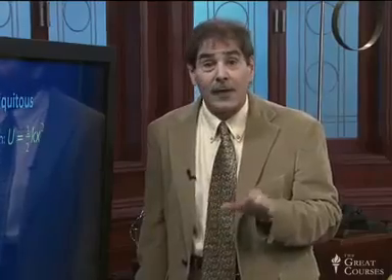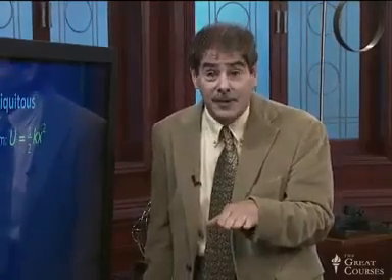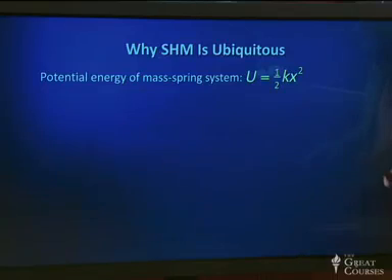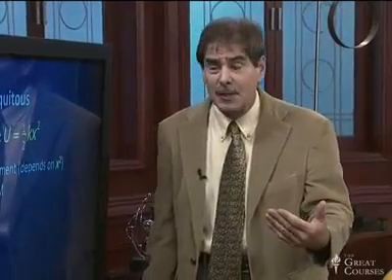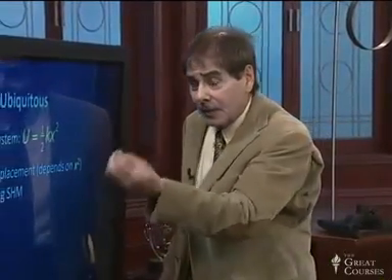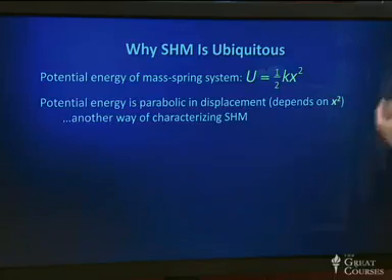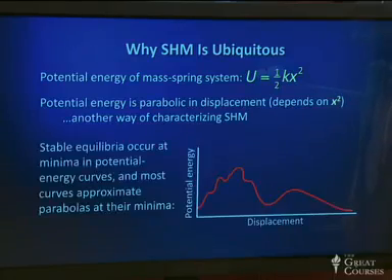So any system whose potential energy curve is quadratic, at least in the vicinity of a minimum, because that's where we'll find stable equilibria, is going to undergo simple harmonic motion. The potential energy is parabolic or quadratic in the displacement, and it depends on x squared, and that's another way of characterizing simple harmonic motion. Simple harmonic motion, yes, is caused when the force that tends to restore equilibrium is proportional to the displacement, but another way of putting it is it occurs when the potential energy is parabolic or quadratic in the displacement.